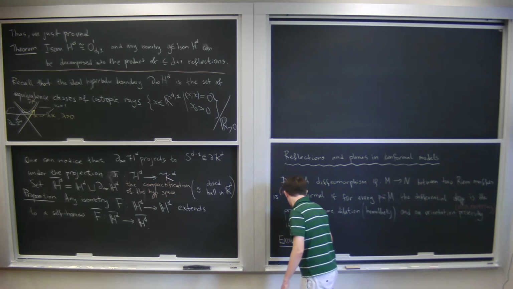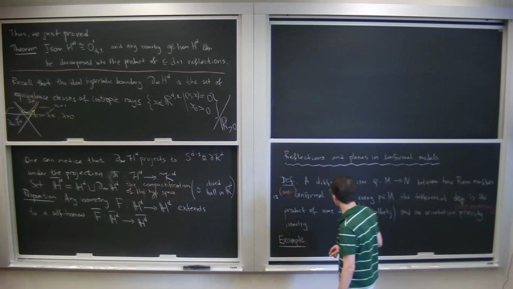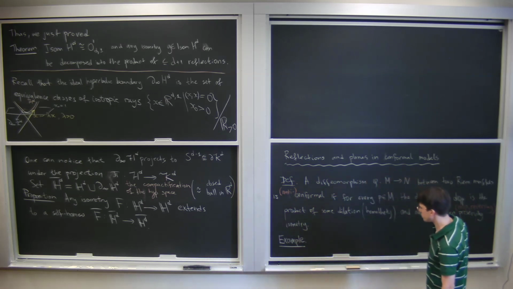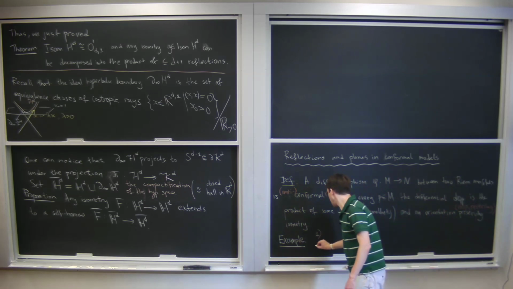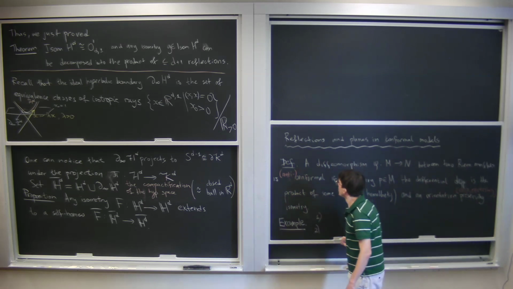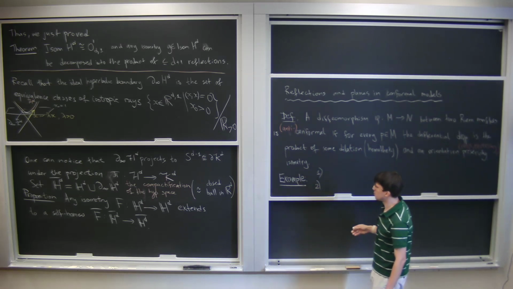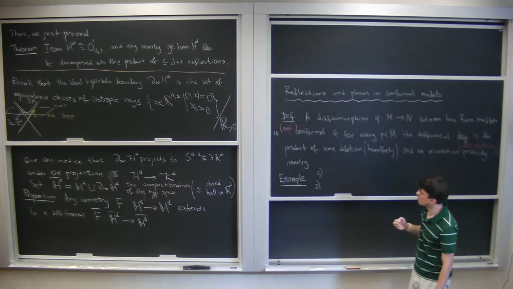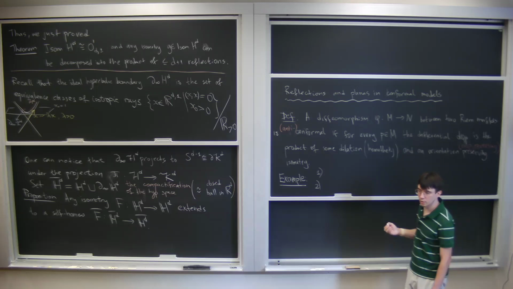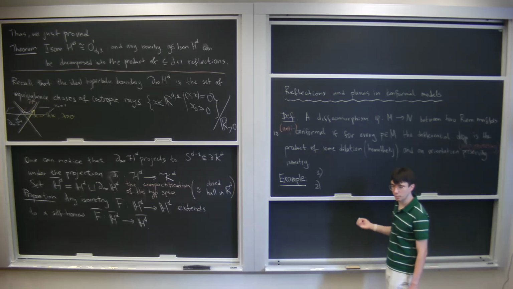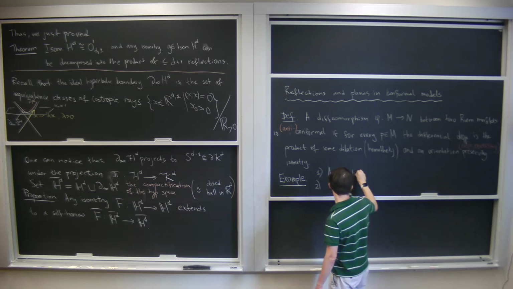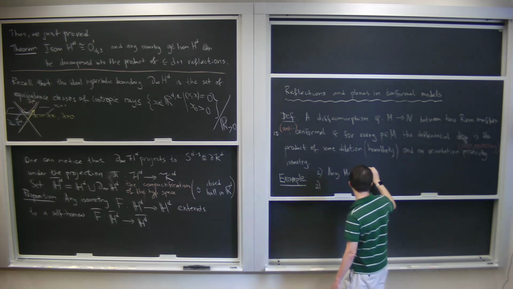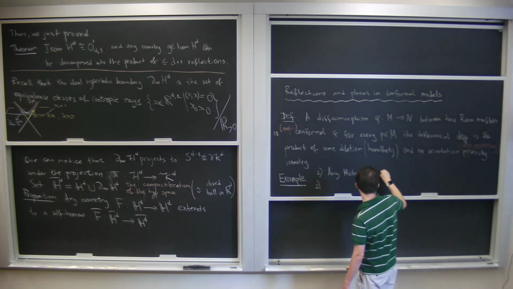I will give an example. The first one is any Möbius transform, sometimes called a fractional linear transform, is a conformal map.